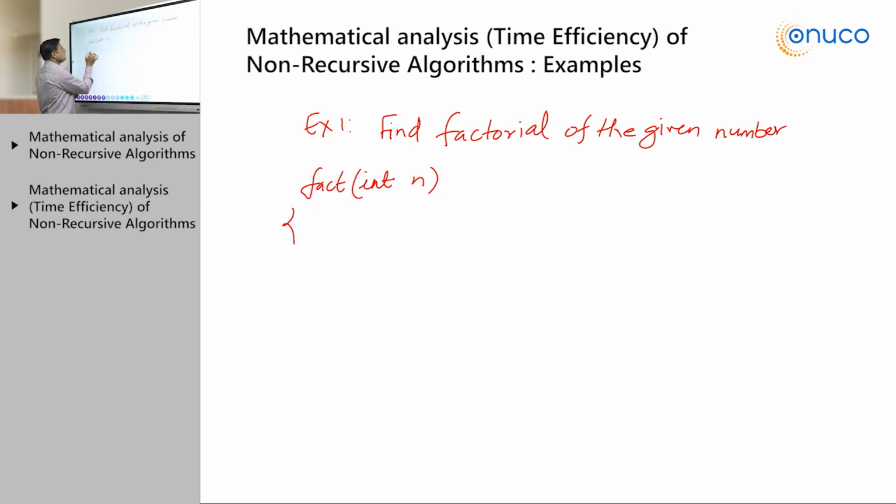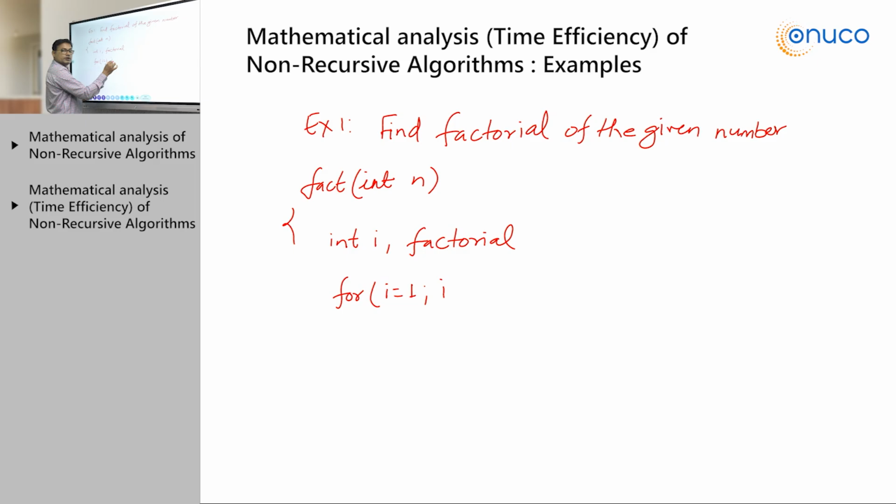loop kind of, right? And we are going to define, say, we have an int I, and factorial is a variable, right? And we are going to use for loop. As we are all aware, factorial of 1 is 1, right?